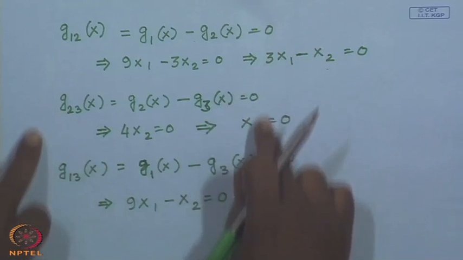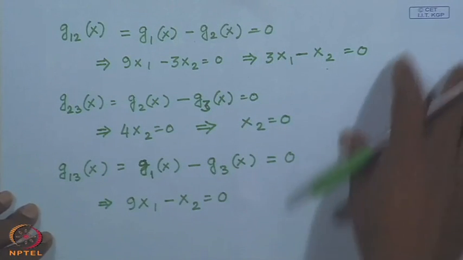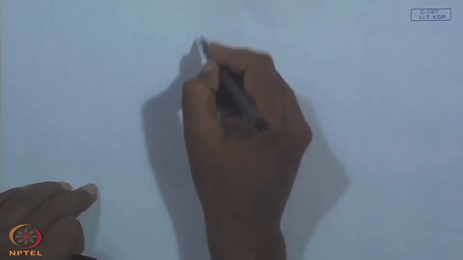Now, if I plot all these decision boundaries, let us see what kind of situation we have.